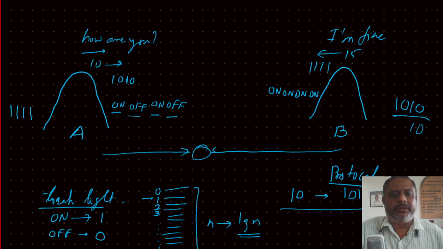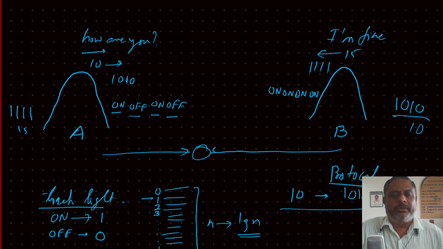So he sees 4 times consecutively 1, 1, 1, 1, because all 4 times it was on. He looks into the code book and finds that 1, 1, 1, 1 is 15. The 15th message is I am fine. That way the communication continues.